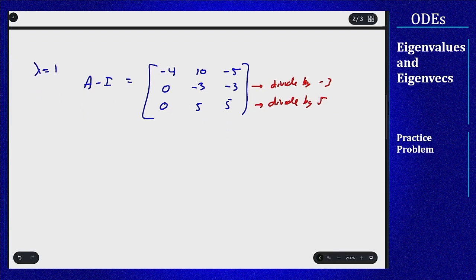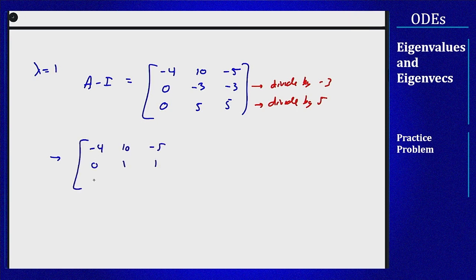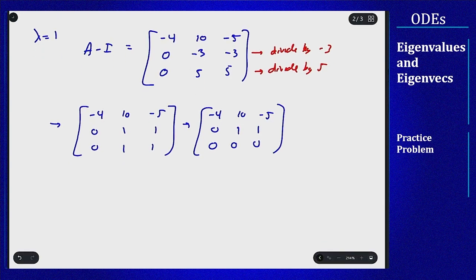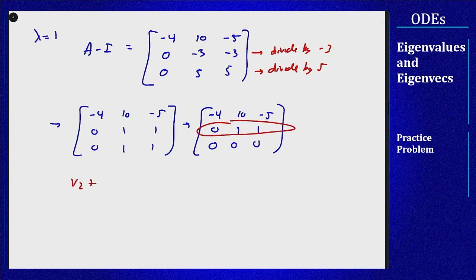If I do that, this reduces to -4, 10, -5, 0, 1, 1, 0, 1, 1, which is great, because now I can cancel out those two rows. I could have divided the first row by -4, but I really don't need to figure out what's going on here. This equation tells me that v2 plus v3 equals 0, or v2 is negative v3.